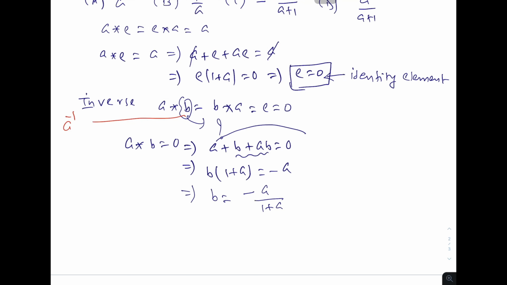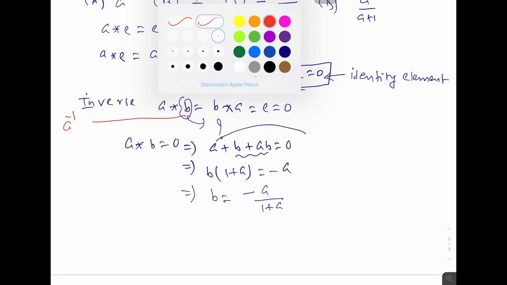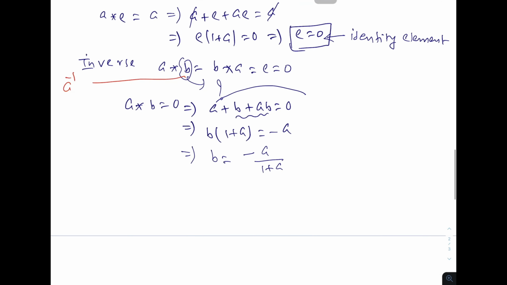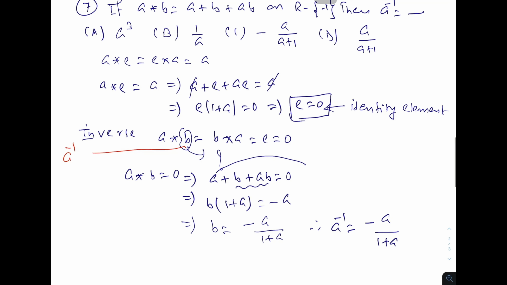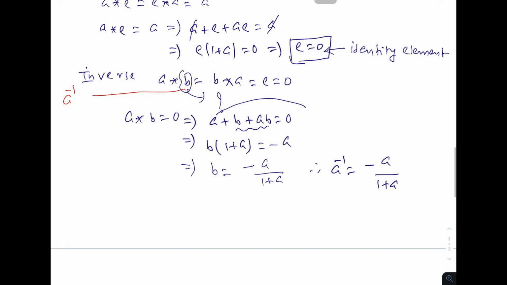So that means A inverse is minus A over 1 plus A, and that answer is here, minus A over 1 plus A. So C option is the answer.